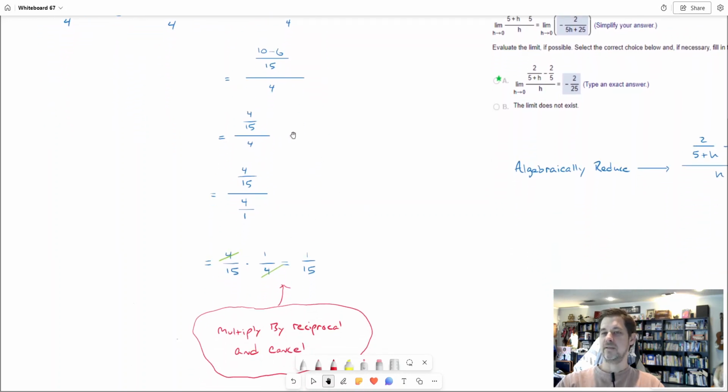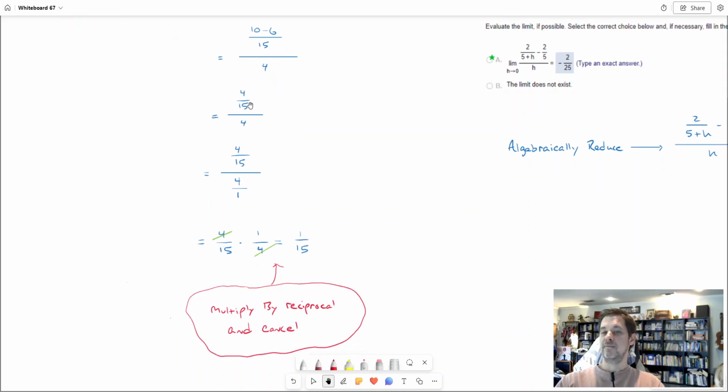Now, in this step, taking 4 over 15 and dividing by 4, the way that we divide fractions is to multiply by the reciprocal. So I want to look at this as 4 over 15, not divided by 4, but 4 over 15 divided by the fraction 4 over 1. Okay? And I look at it like that so that it fits my pattern for dividing fractions.